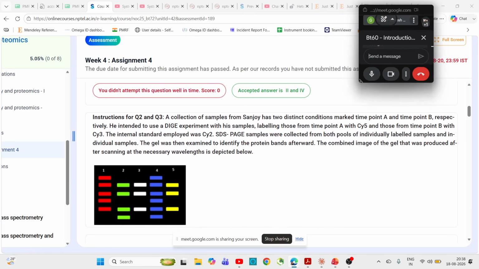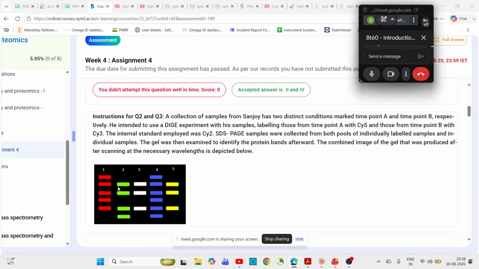Okay. So now these are gel images, a collection of samples with two distinct conditions, time point A and time point B, respectively. He intended to use a DIGE experiment, labeling the samples of time point A with Psi5 and those of time point B with Psi3.